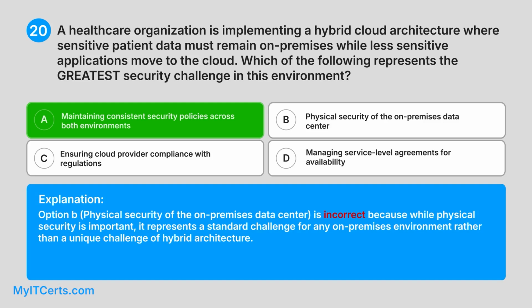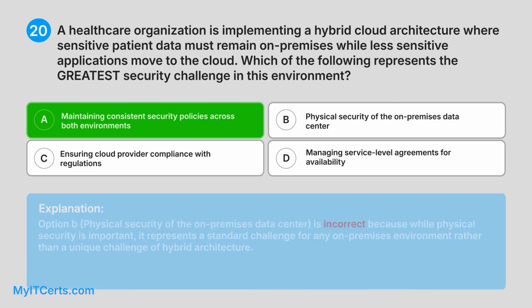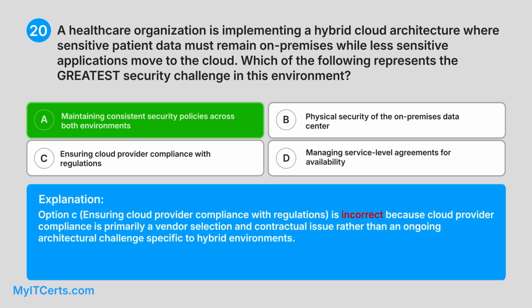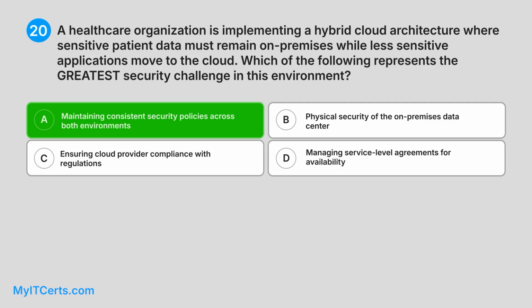Option B, physical security of the on-premises data center, is incorrect because while physical security is important, it represents a standard challenge for any on-premises environment rather than a unique challenge of hybrid architecture. Option C, ensuring cloud provider compliance with regulations, is incorrect because cloud provider compliance is primarily a vendor selection and contractual issue rather than an ongoing architectural challenge specific to hybrid environments.